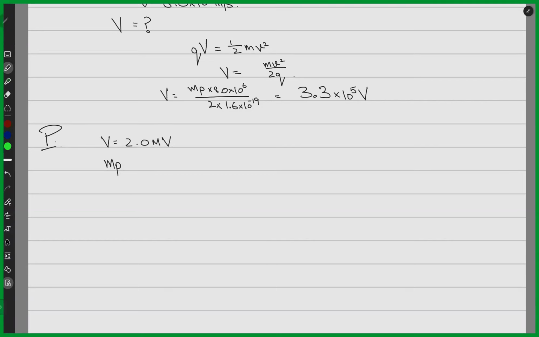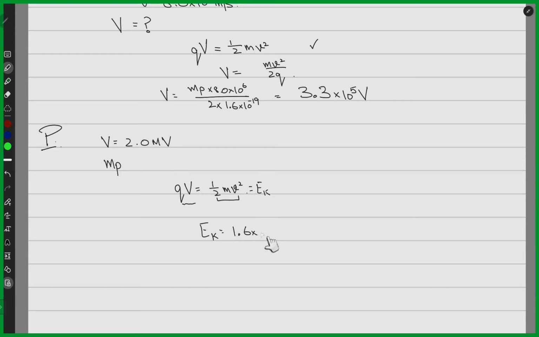It's exactly the same logic that we applied in the previous problem. Potential difference corresponds to potential energy, velocity corresponds to the kinetic energy. So that would just mean that QV is equal to half mv squared. And this is the kinetic energy, and that's what they have asked us. So this is just EK. If I multiply the charge of proton with this potential difference, I can figure out the kinetic energy.